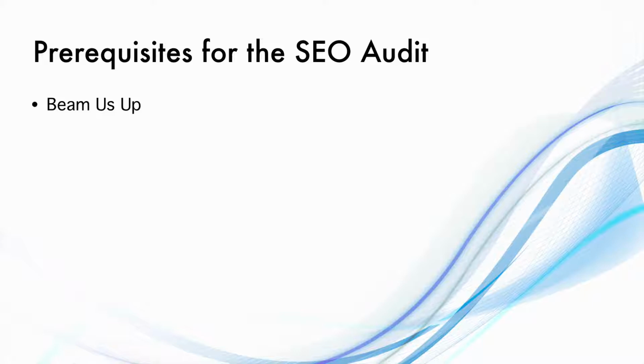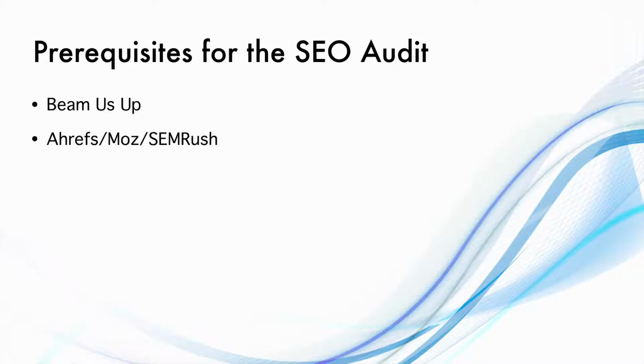It is a free tool compared to Screaming Frog, but it's a lot slower and it has fewer features than Screaming Frog, but nevertheless it does the job. Just go to beamusup.com and download the file. Unfortunately, right now this is available only for Windows and it is not available on the Mac. And you can go ahead and give it a try.